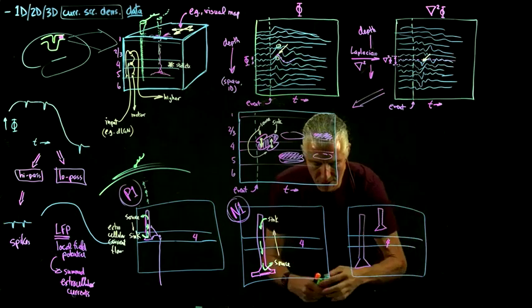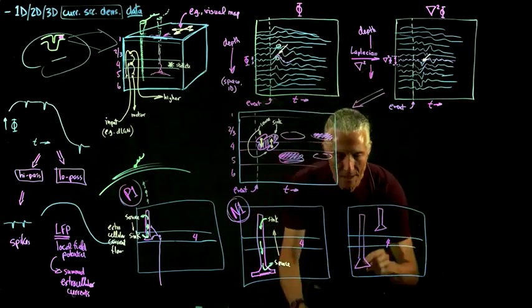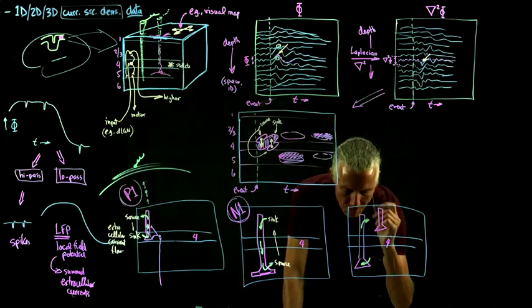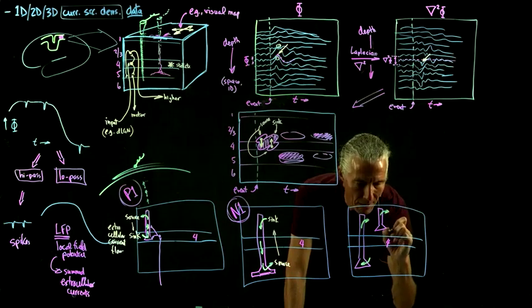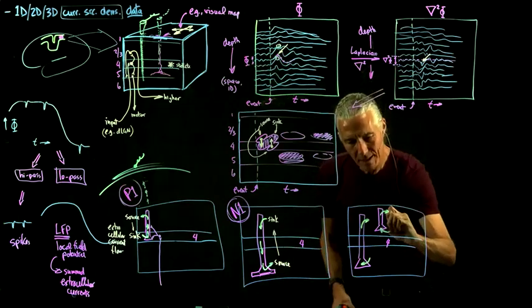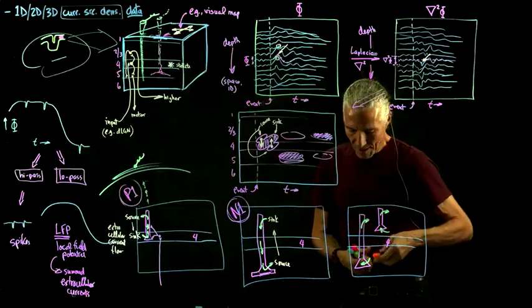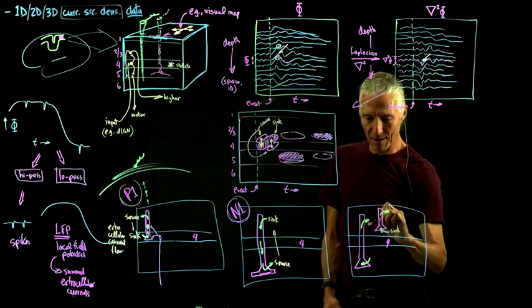What those look like is some sinks down here, and sources coming out, and they slightly cancel each other out, because this sink right here will slightly cancel out this source over here.